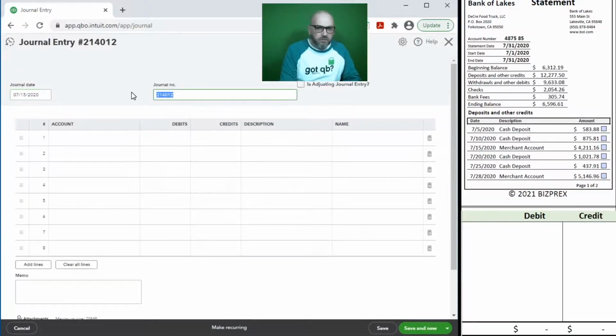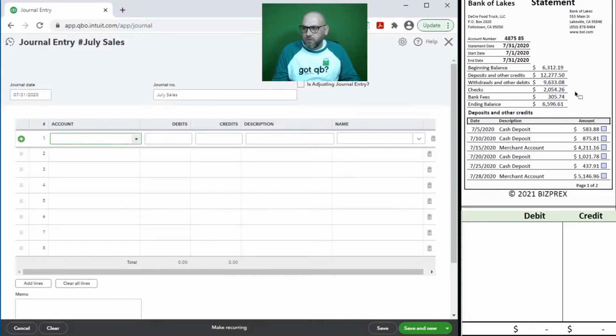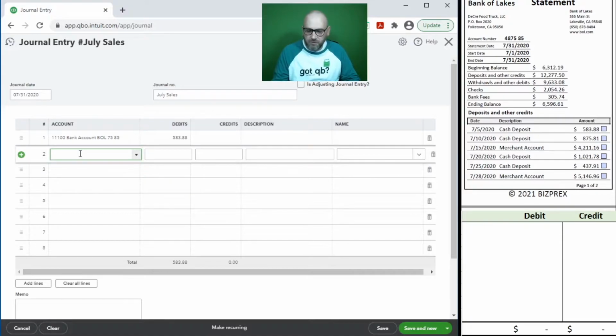All right, so that's going to be our July sales. We're going to use the end of the month date to book them. And let's say that we want all of these amounts to show up individually, so we would reflect them individually for our bank account. Bank account goes up with debited. All right, let's just put them all in.